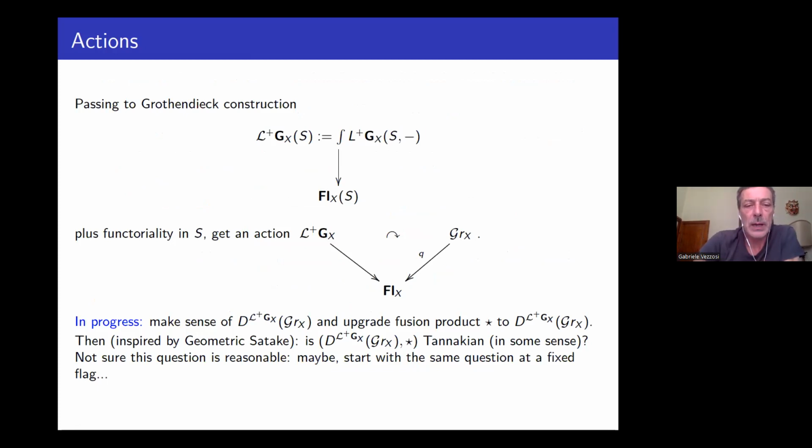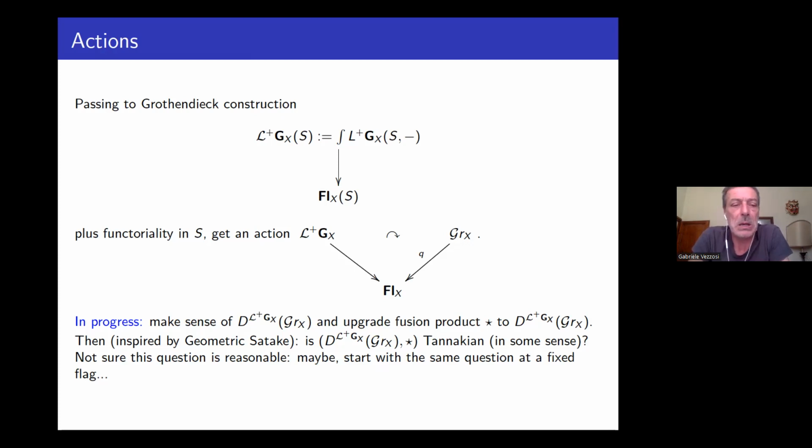And of course, one would like to make sense of the derived category of L-adic sheaves on X which are equivariant with respect to the positive loop group version. And also we would like to upgrade the fusion product defined before to an equivariant fusion product. And then of course the daring question is, if this can be done, and I believe that this first part can be done, is it true that this monoidal category is Tannakian in some sense?